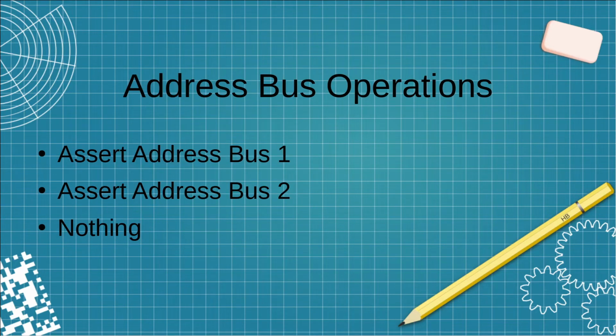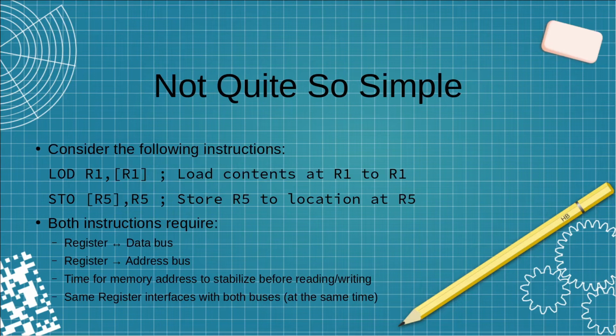Address bus operations, we've got assert to address bus 1, we've got assert to address bus 2, and again, this is for any given register. So while one register is asserting to address bus 1 and a different register is asserting to address bus 2, the address bus operations for all of the other registers would be do nothing, and so we have to account for that as well. But it's not quite as simple as that.